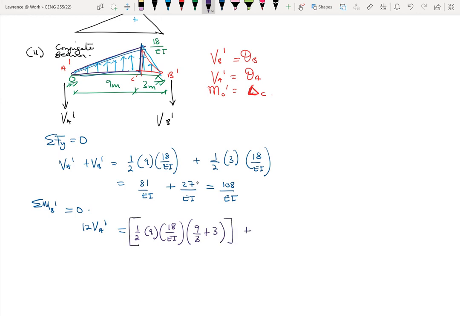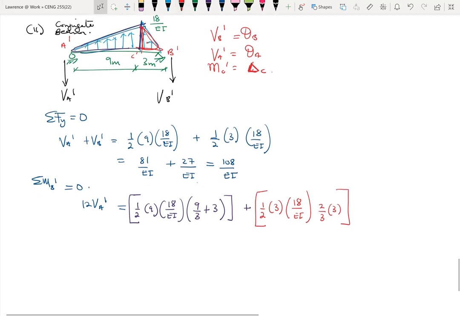Then for the second one, we have this small portion here, which is half of 3 times a height of 18 over EI, times the distance from the centroid to the point B prime, which is 2/3 of 3, plus the extra distance. From here you can easily find your answers.